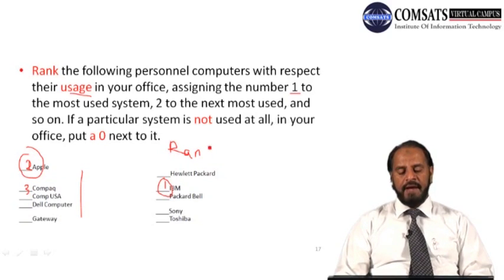If you are asking to rank, you're just saying rank the most used computer, then the second most, the third most, and the fourth most. You are getting these rankings, but the issue is how much more IBMs are being used than Apples, and how much more Apple computers are used than the Compaq.